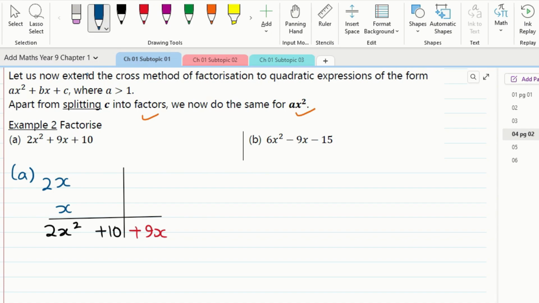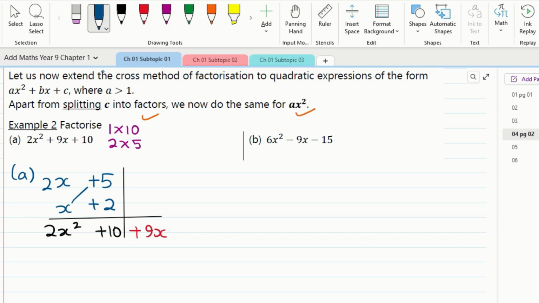Now for 10, you split into factors. You can guess already, it's either 1 times 10 or 2 times 5. In this case, the suitable one is 5 and 2 as the factors of 10. And since you're trying to get positive 9x, both of the numbers must be positive.